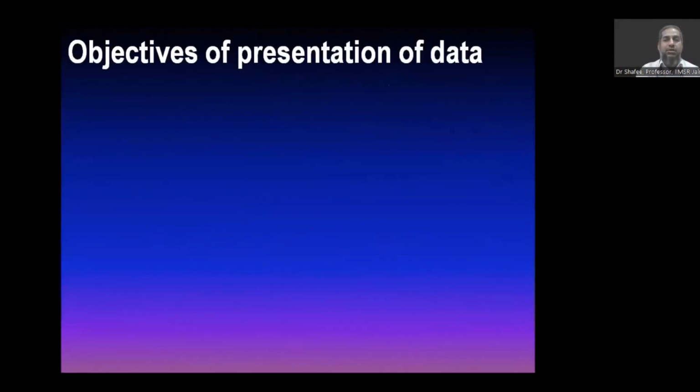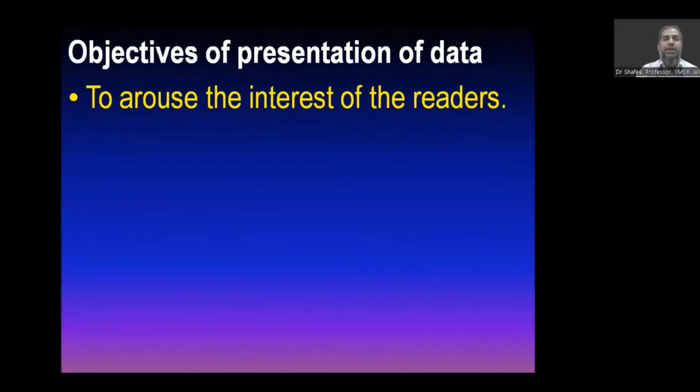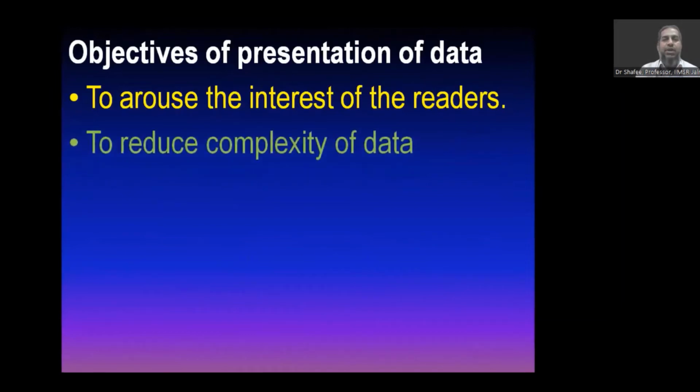So there are various types of presentation of data. So what is the objective of presenting the data? To arouse the interest of the readers. You should concise it, you should present it so that readers will get the interest and they will try to read it. To reduce the complexity of the data, we got, suppose, the numbers from 1000 subjects. So if you just go on putting all these 1000 numbers from 1000 subjects, it will be very difficult to read and interpret.